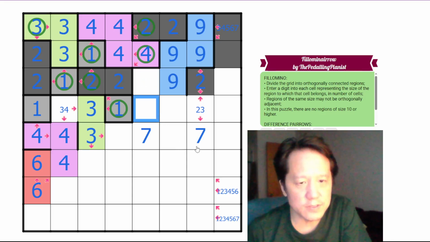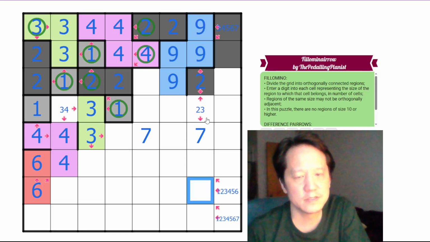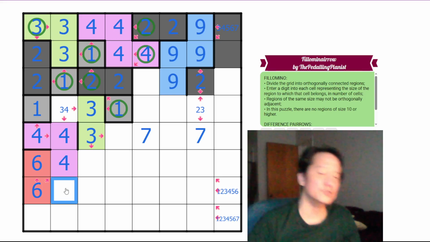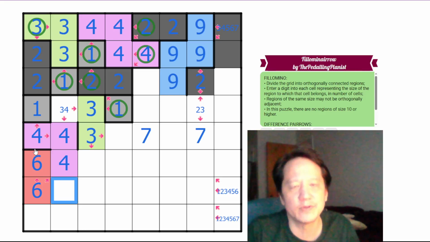Let's use these. So either this is 2 away, which makes that 9 and 7, or it's 3 away, which makes that 9 and 6. Can't be 7 away. 6 away would force us to be 3 and 9. We do have that ability. I don't know if that's going to happen.